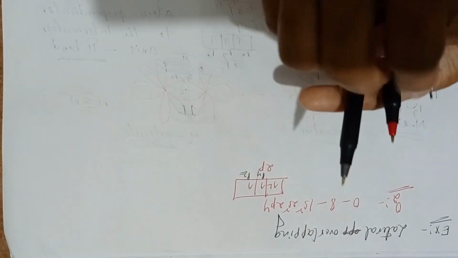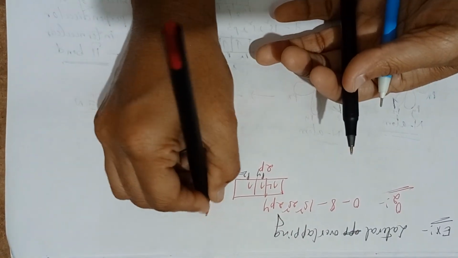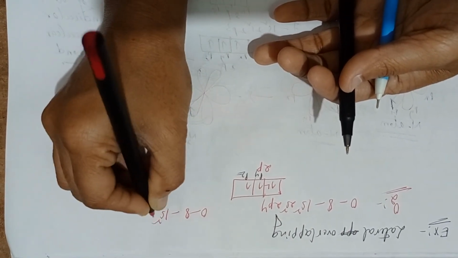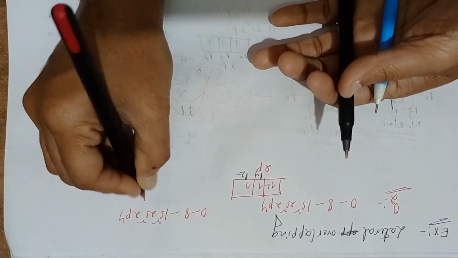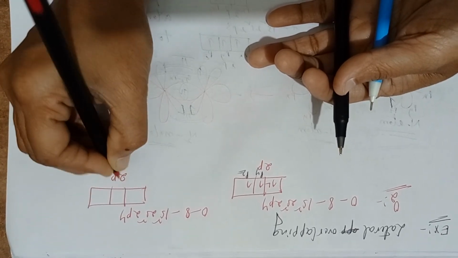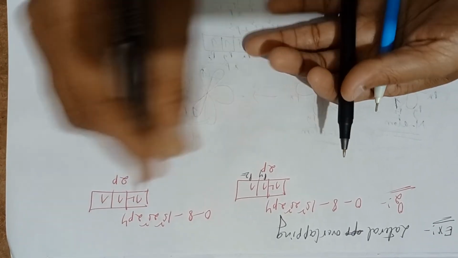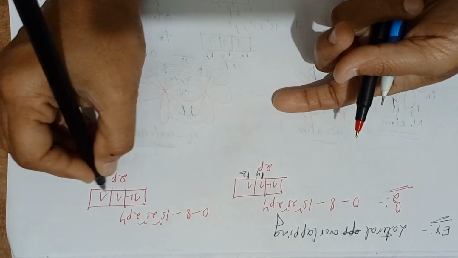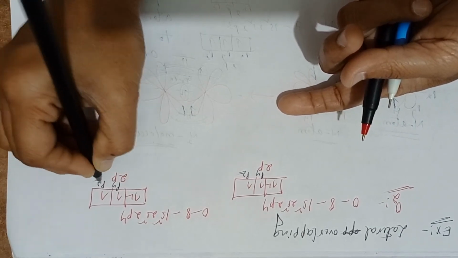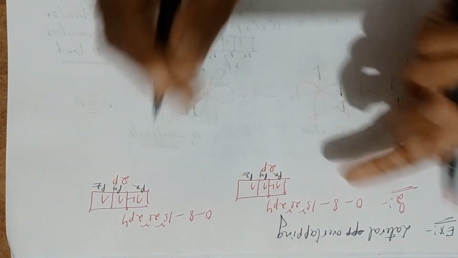So this is one oxygen atom. Another oxygen atom, atomic number is 8, 1s2, 2s2, 2p4. Here also in 2p, 1, 2, 3, 4. It is also having py, pz orbitals half filled. This is px, this is px.